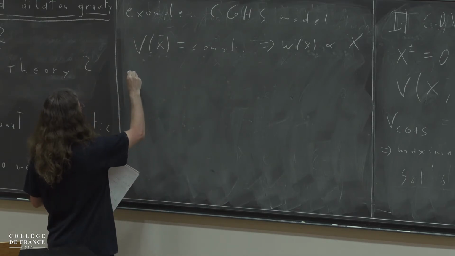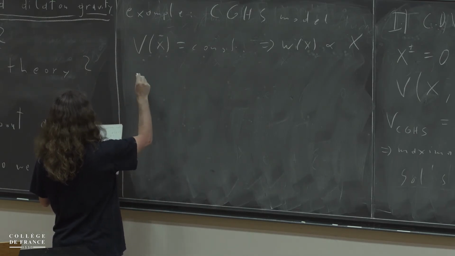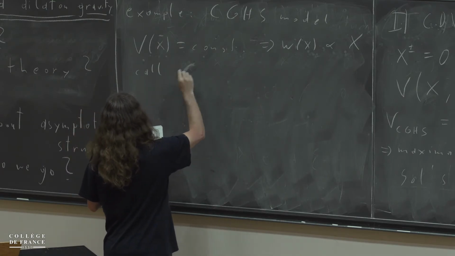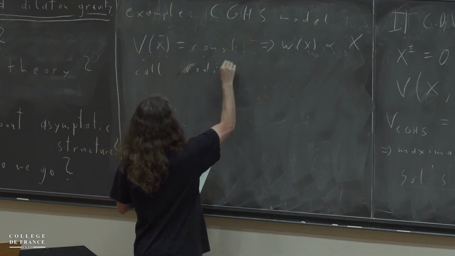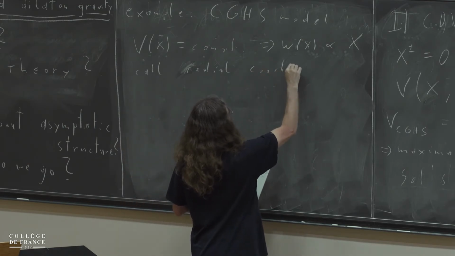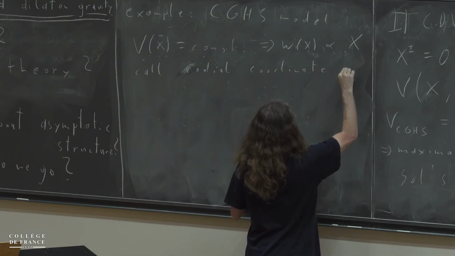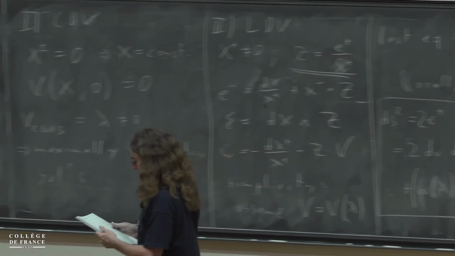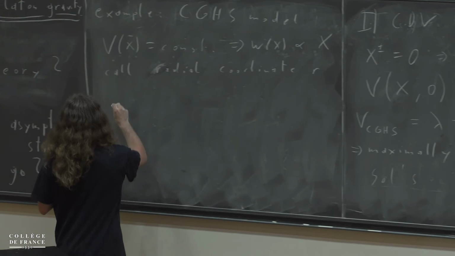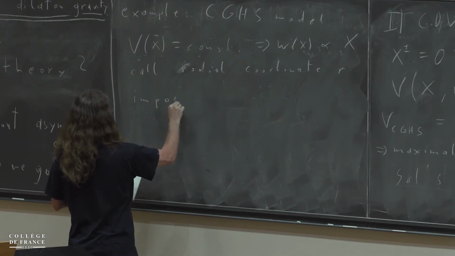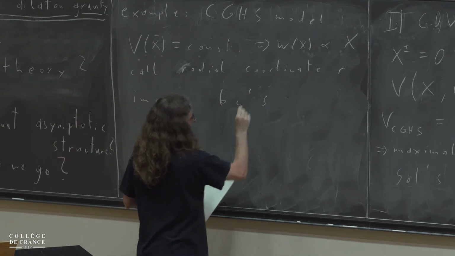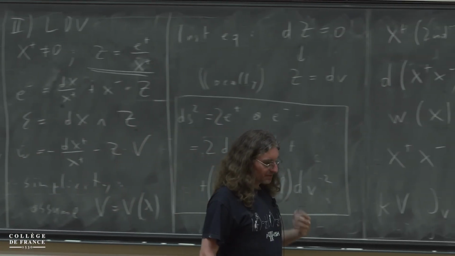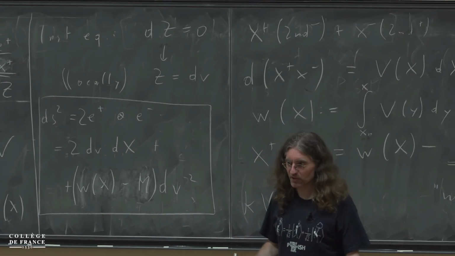And I call now my radial coordinate r. So instead of dx, I'm going to write dr. And now the whole purpose of finding all the classical solutions for all models is that it gives you a better handle to impose boundary conditions.